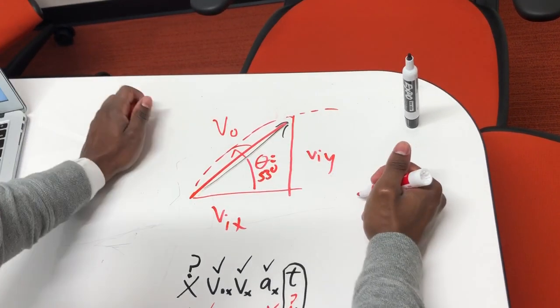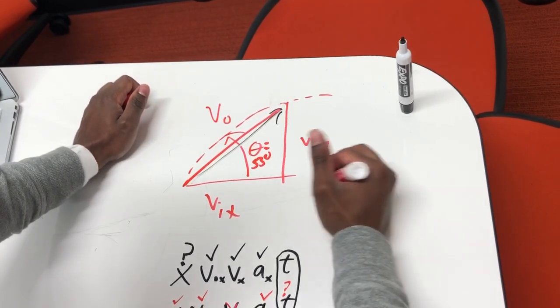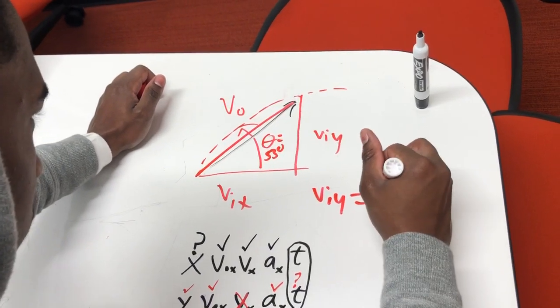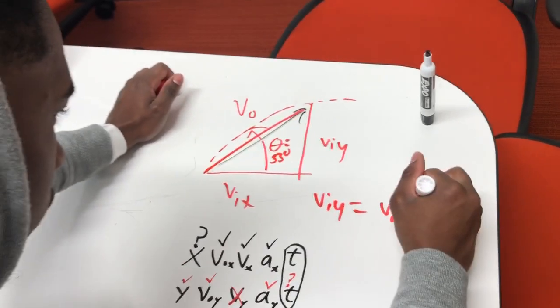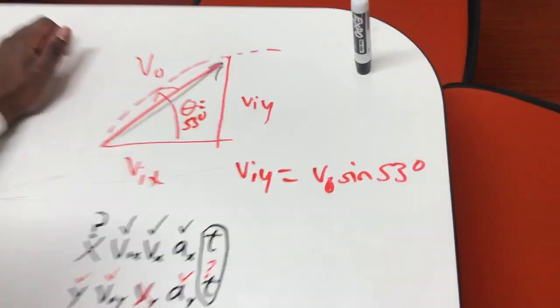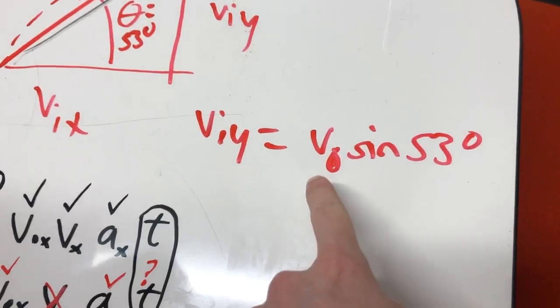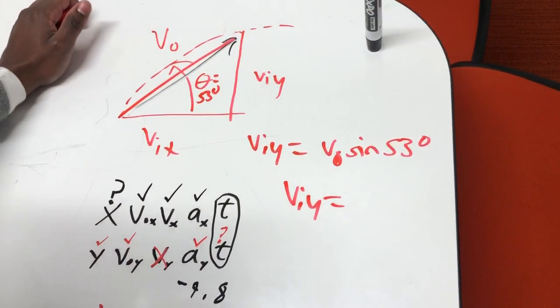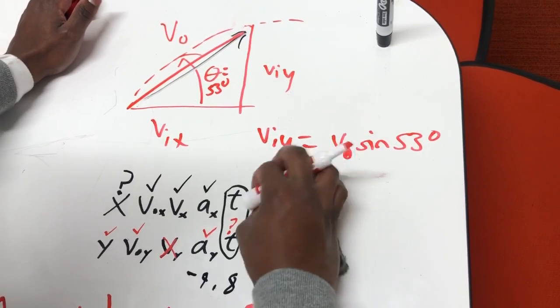Okay, so my V sub y, my initial velocity in y, would be VO sine 53. Yeah, exactly. And you already know VO from the previous problem. So V sub y equals, I'll do this one down here because that VO is kind of a little bit thick.